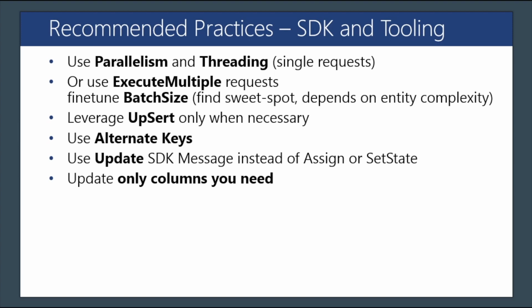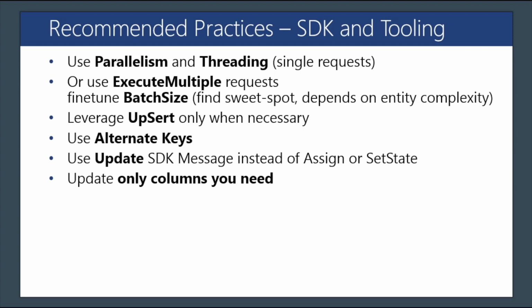And last but not least, again, common sense, but very, very common to fail on it. Update only the columns that you need. So there's no need to send all the columns if you're not using them, or if they're null, in the sense that there's no value on them, because null is also a value and it may make sense in your context.